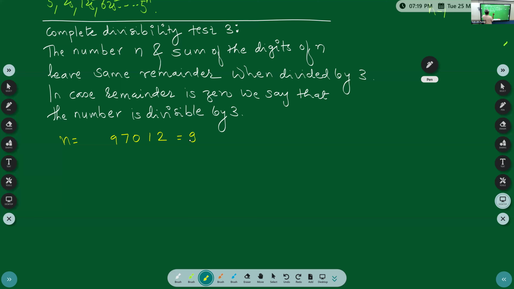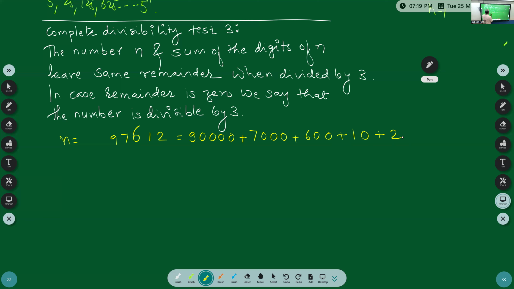Using our place value concept, 9 has got 4 zeros, plus 7 has got 3 zeros, plus 6 has got 2 zeros, then 1 has got 1 zero, plus 2. The same number can be expressed as a summation of 5 different numbers because this was a 5 digit number.